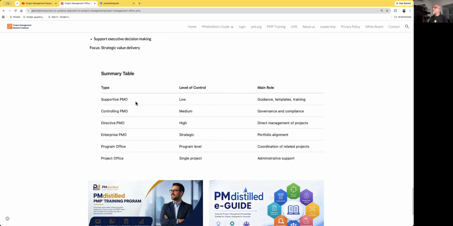In a supportive PMO, the level of control is low. Controlling PMO, they have more authority than the supportive. Directive PMO have very high authority level, and enterprise PMO is more of strategic in nature, and program office, project office, etc. They are additional types, not very important to understand.